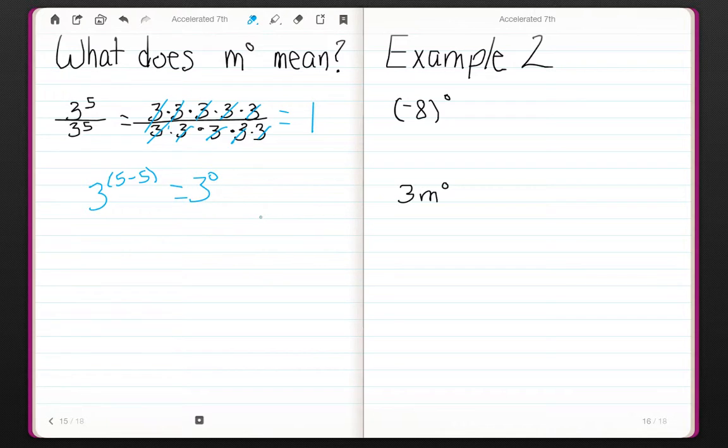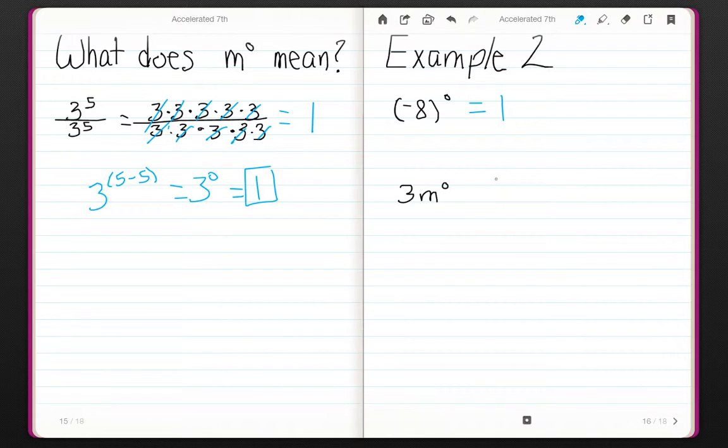So any non-zero number that has 0 as an exponent is equal to 1. So in example 2, negative 8 to the 0 power automatically equals 1.